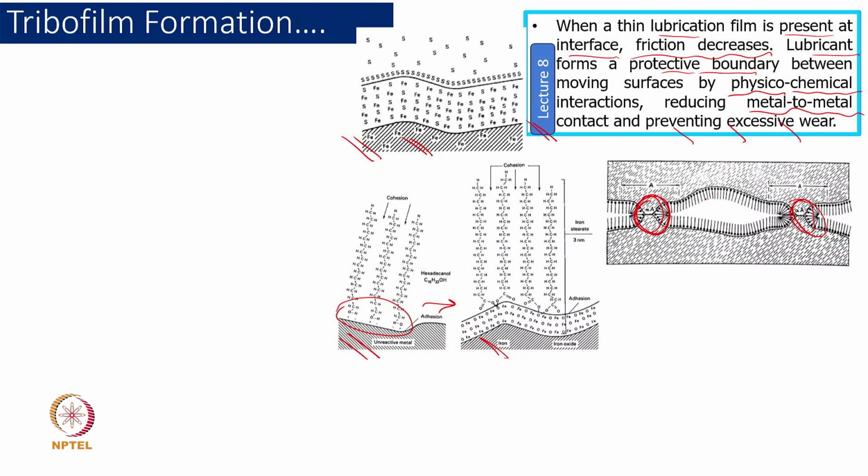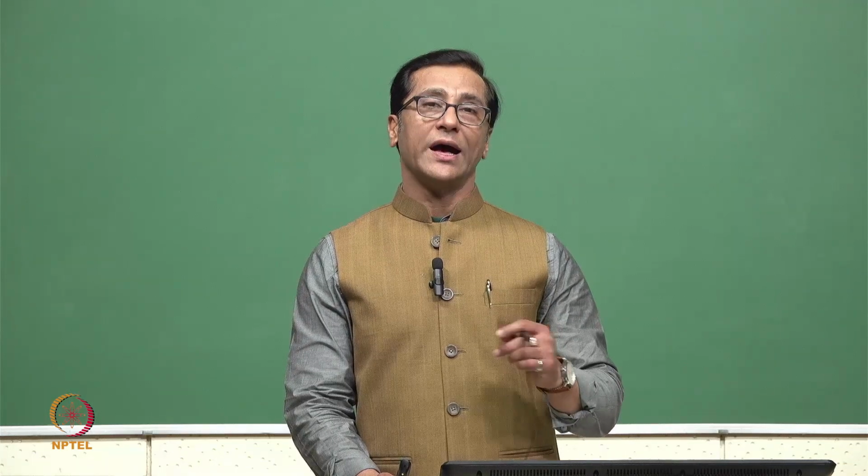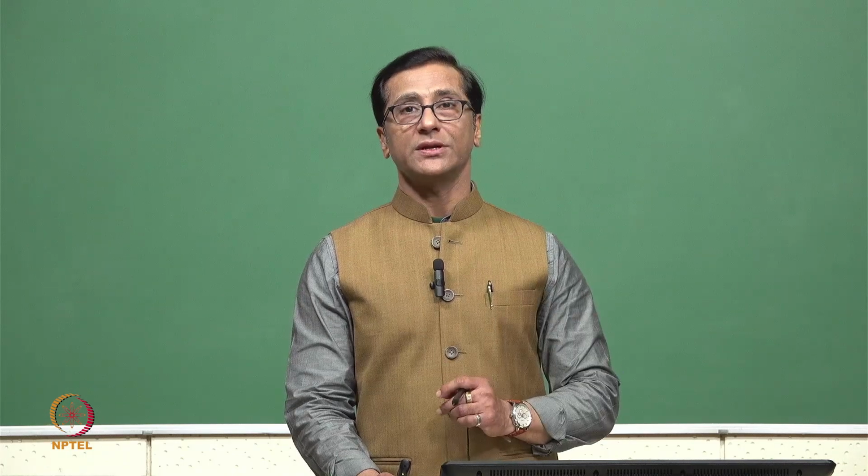If most of the time the surface is covered by the lubricant layer in the form of physical adsorption or chemical adsorption, then friction will be lesser, wear will be lesser, and our ultimate aim is to save energy and reduce the material loss.